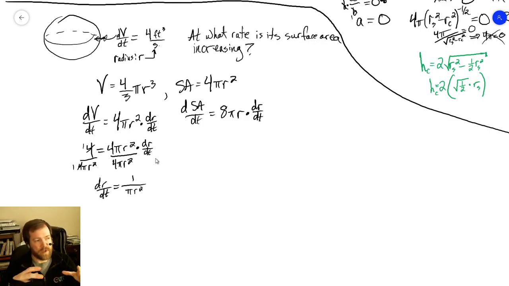Naturally, as the balloon gets bigger, it's going to start slowing down because the constant volume increase is going to cause the balloon to fill mostly on the inside, and there's more volume to fill when you're bigger. So in this particular case, as we increase our volume, the radius's rate of change will start decreasing.